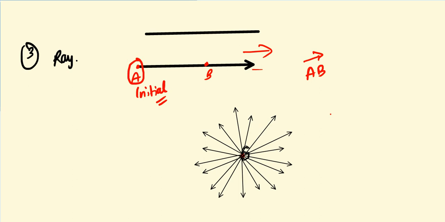Then some more points. The two arrows of a line drawn in opposite directions indicate that the line has unlimited length. That is, it can be extended up to any distance on either side. So this one is your diagram, and a straight line we are having here.